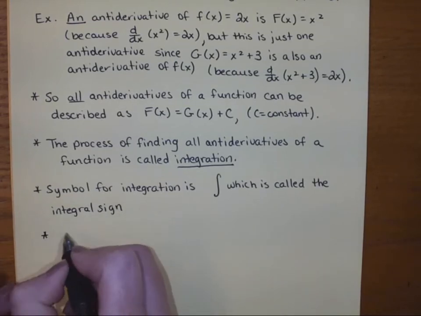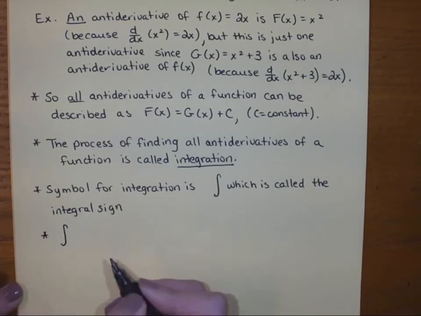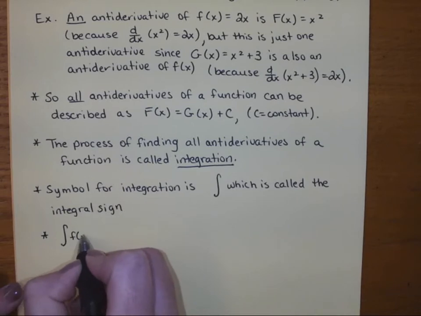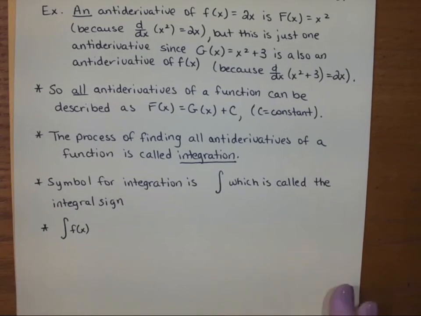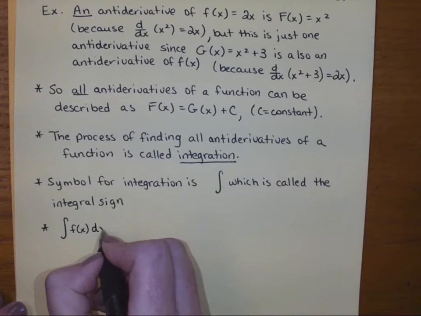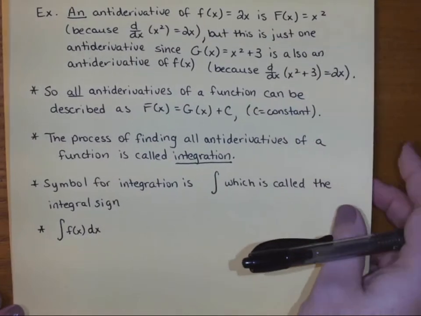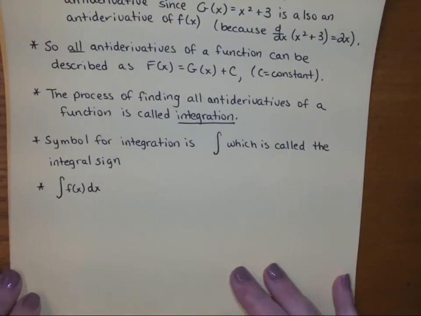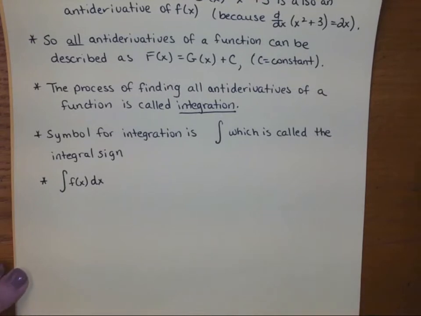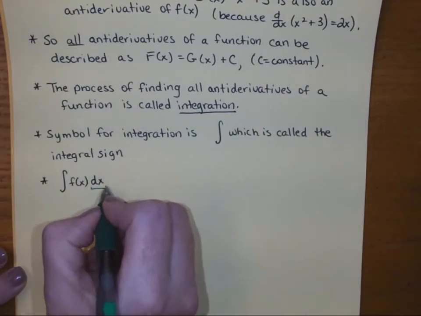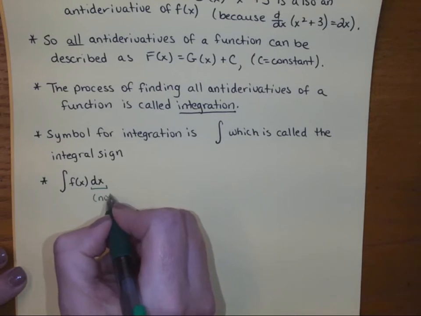So here's the notation as you will see it. You'll see this little integral, and then you'll be given a function to take the integral of. Okay, and you will always see that ended with d something: dx or dt or dy.